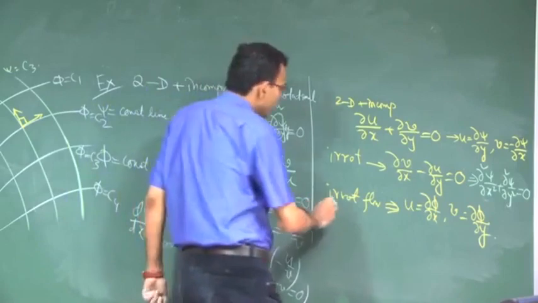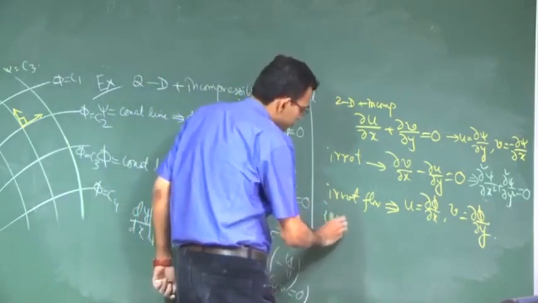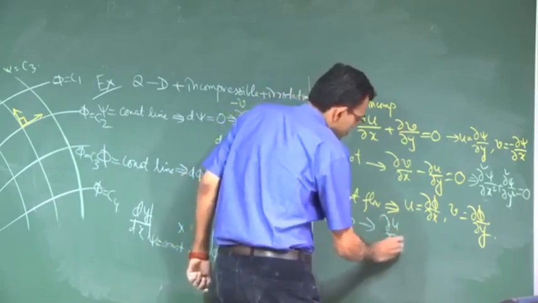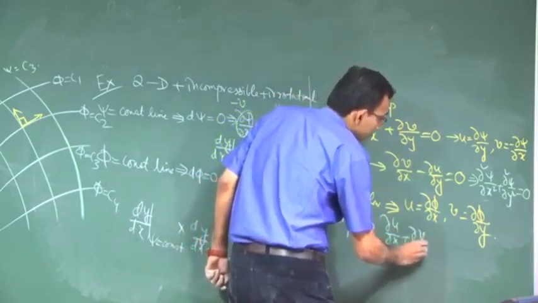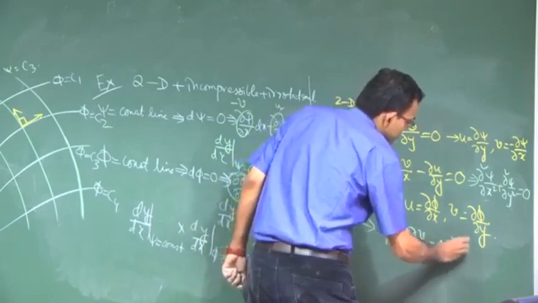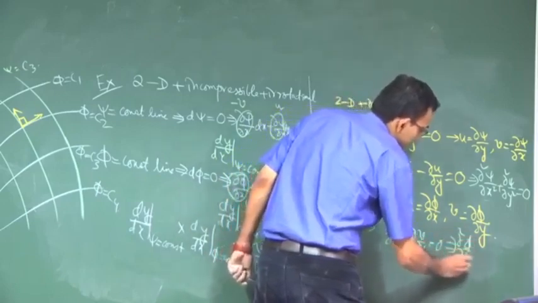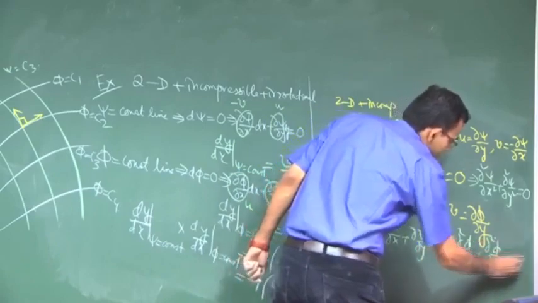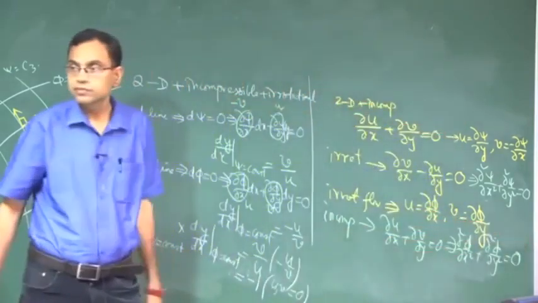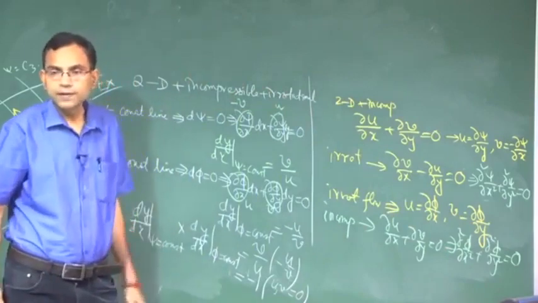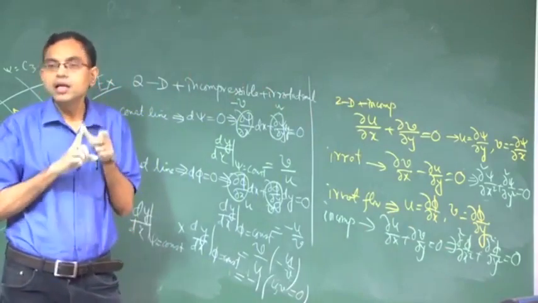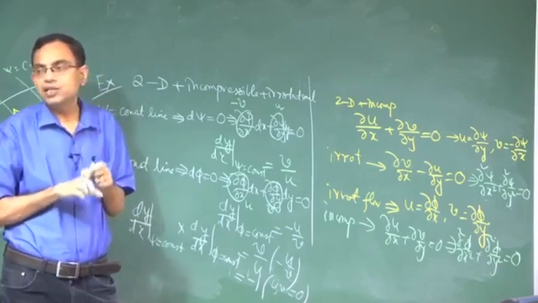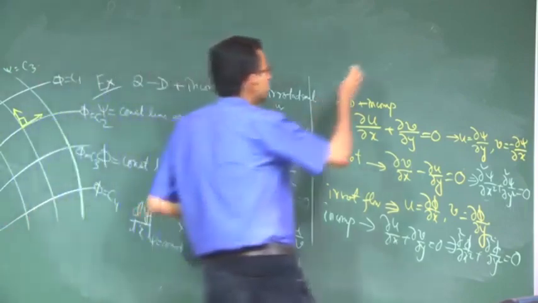For incompressible flow, So, for 2-dimensional incompressible and irrotational flow, both phi and psi satisfy this template.